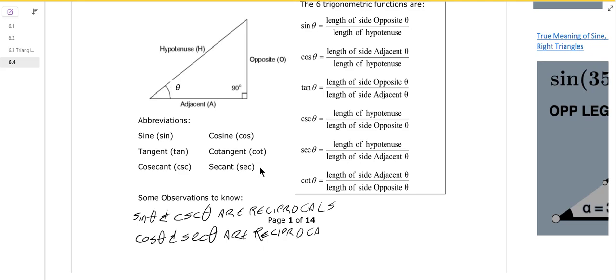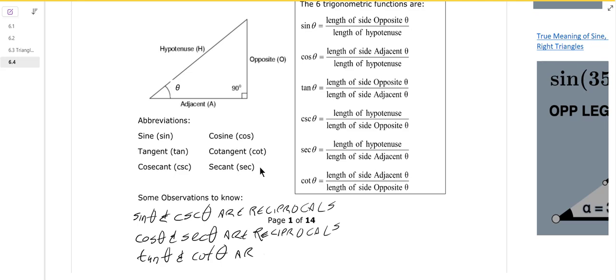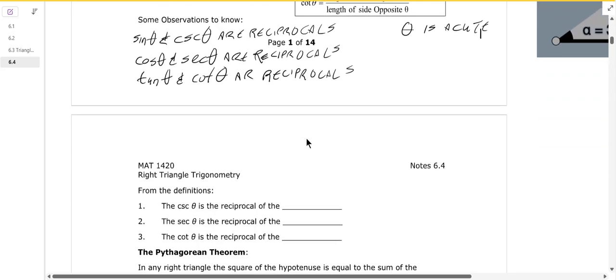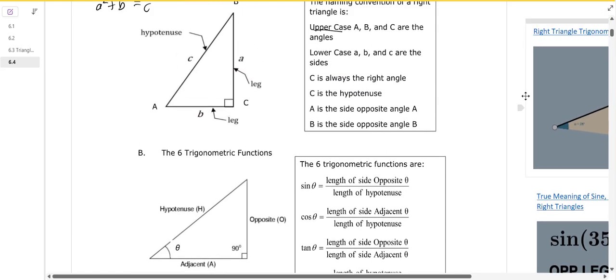And the last thing I see is that the tangent of theta and the cotangent of theta are also reciprocals. So if you learn the sine, cosine, and tangent, and then you learn which ones are reciprocals, then you've got your definitions done. Theta is going to be one of the acute angles, and in a triangle, we're just going to be looking at the 6 trig functions of either of those acute angles.